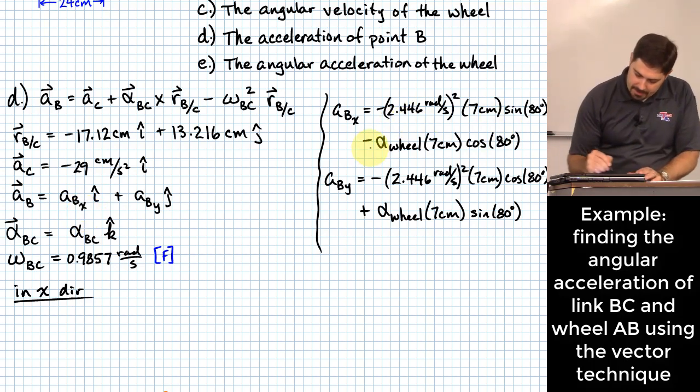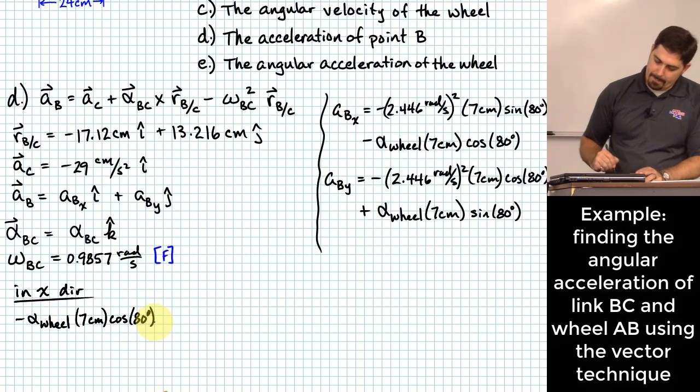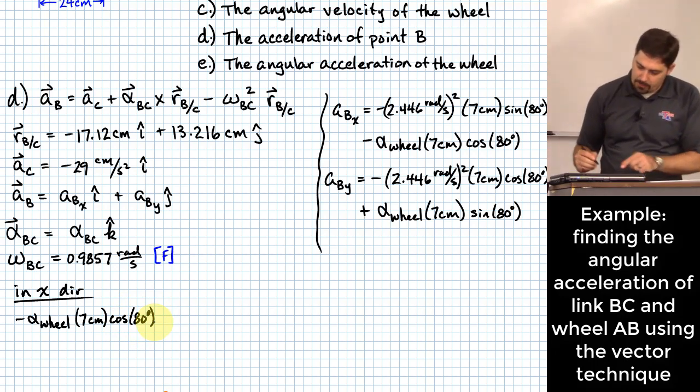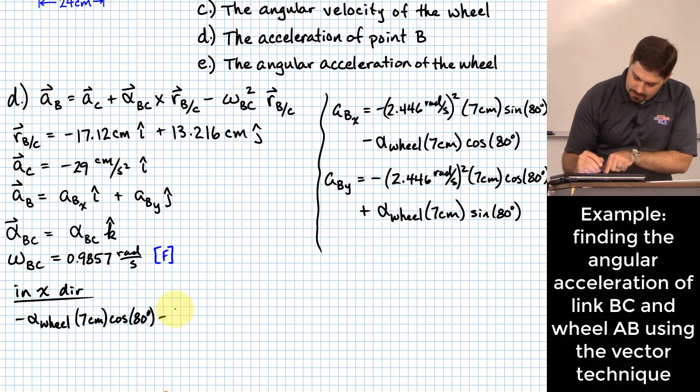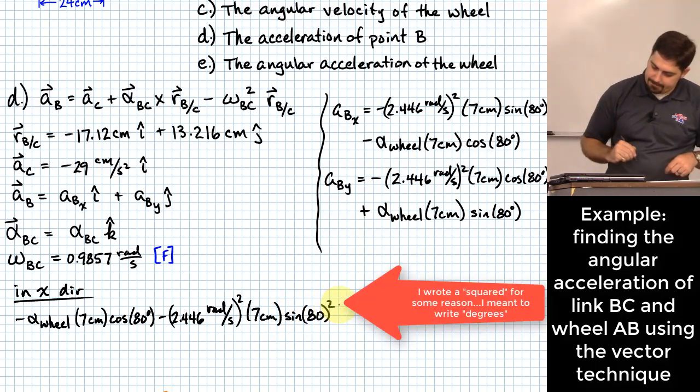I'm actually going to start with the negative alpha wheel times 7 centimeters times the cosine of 80 degrees. Okay, then I will put on my negative 2.446 radians per second squared times 7 centimeters times the sine of 80 degrees.